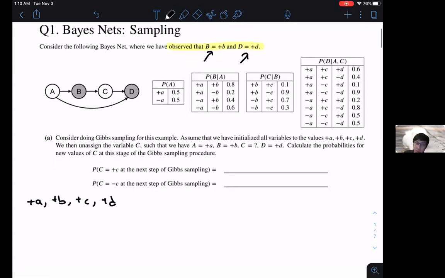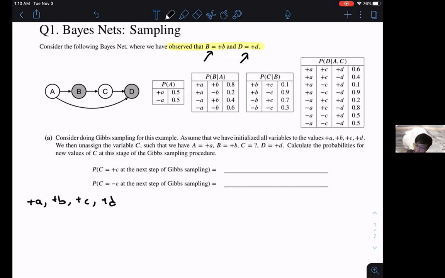Now what we do in Gibbs sampling is, for each variable, we unassign the variable and then resample its value based on the distribution of that variable given the other variables in our sample. So what does that mean?